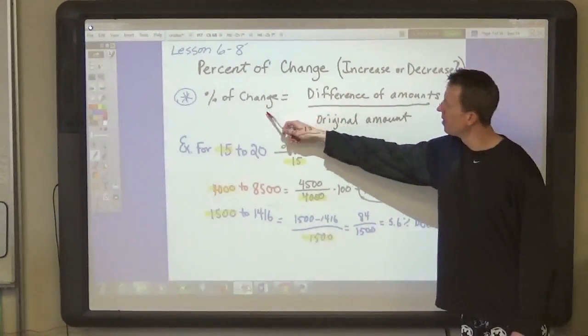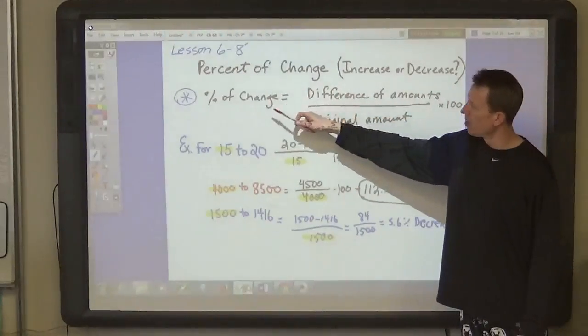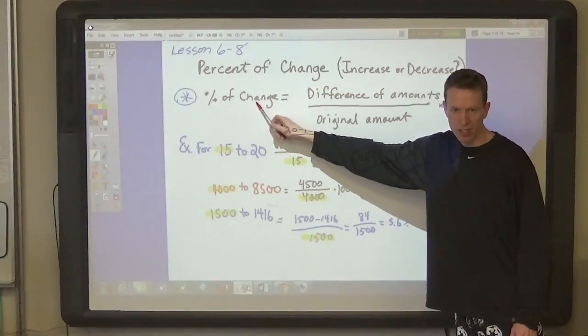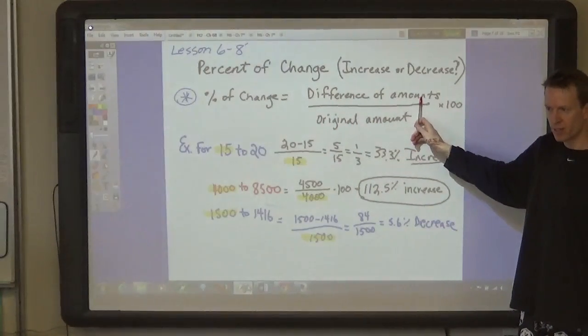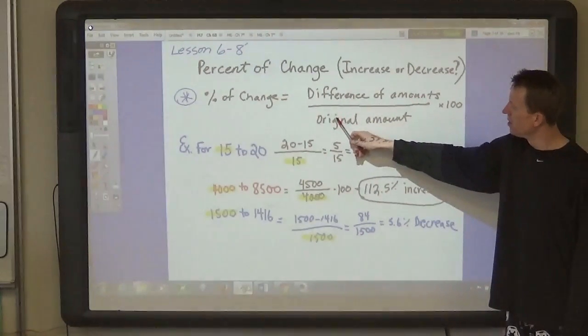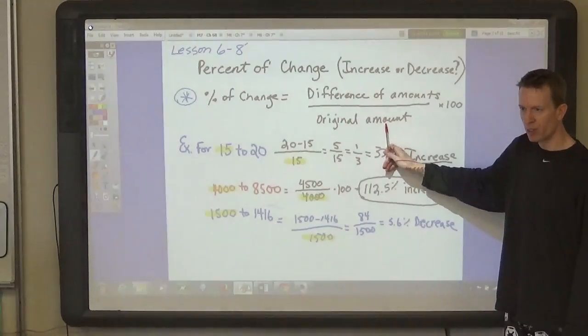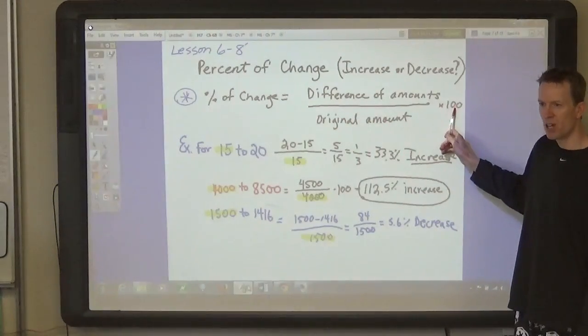And that's what this formula shows you. The percent of change is equal to the difference of the amounts divided by the original amount, and then times 100.